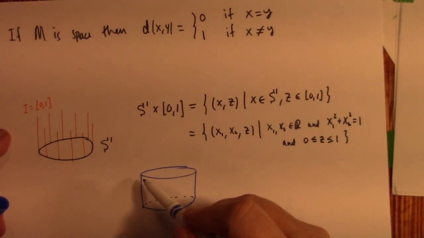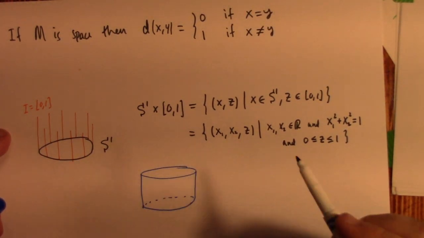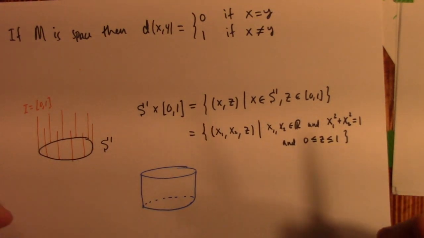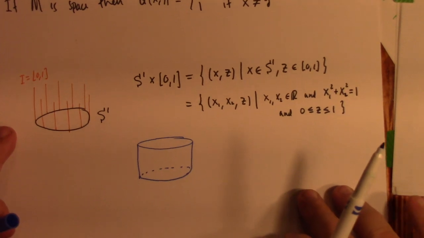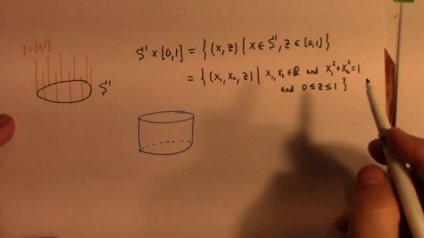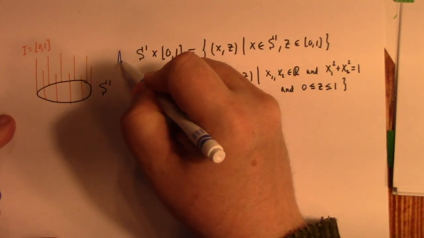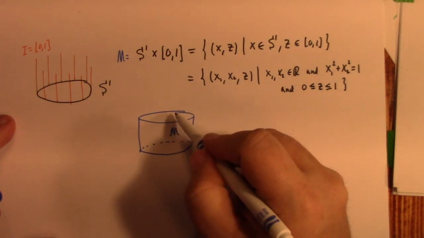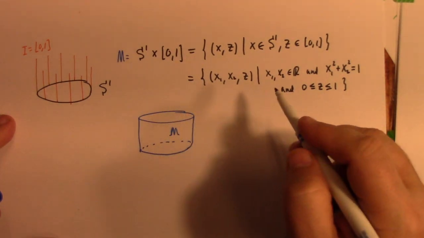It's just the side of the can, not the caps. If I wanted to add caps to it, I'd have to union something else to it. So if I call this whole thing M, here's my M. If I wanted to add in the caps, I would do the following.